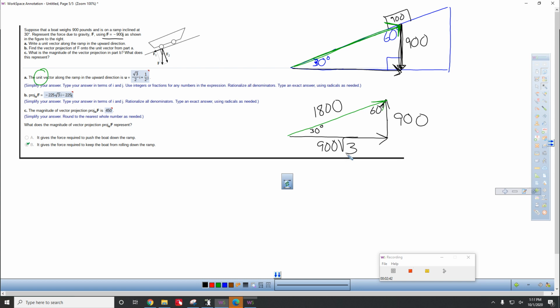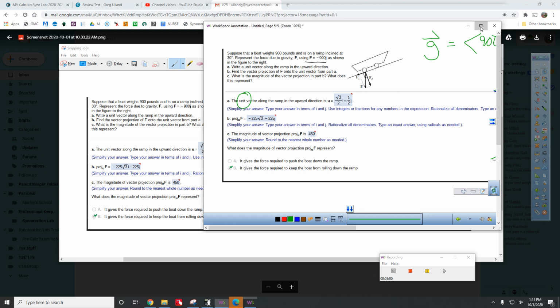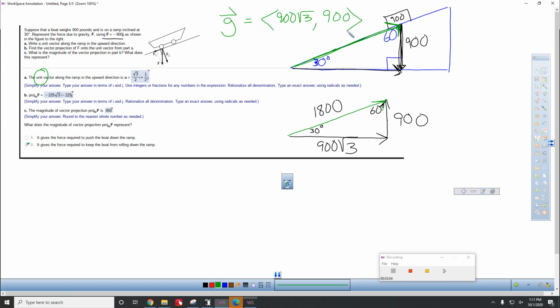So the vector, the green vector, which we'll just call G as in the green vector, is definitely 900 radical 3, 900. Well, how do we find the unit vector in that direction? Well, we would need to just take that and divide it by the magnitude of the vector. That's how you make anything a unit vector.